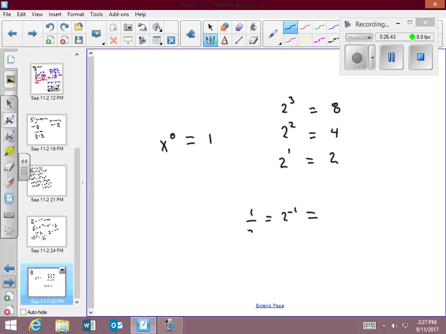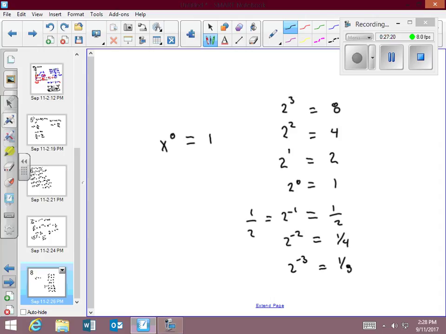One over 2 to the first, isn't it? 1/2. 2 to the minus 2 power is 1/4. 2 to the minus 3 power is 1/8. So 2 to the 0th is what? 1.